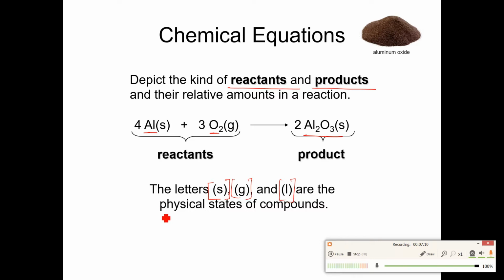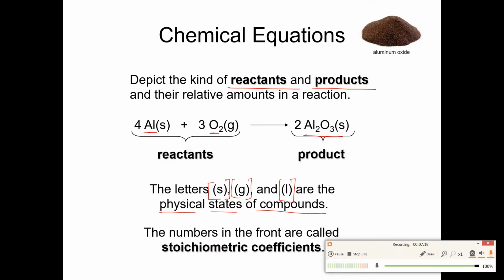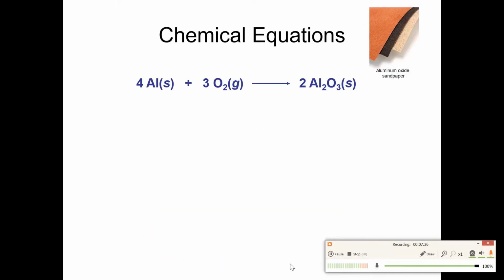They denote the physical states of the compounds, elements or molecules going into the chemical reactions. Also, in front of these, aluminium, oxygen and aluminium oxide, we have put some numerical values, and these numerical values are called stoichiometric coefficients.